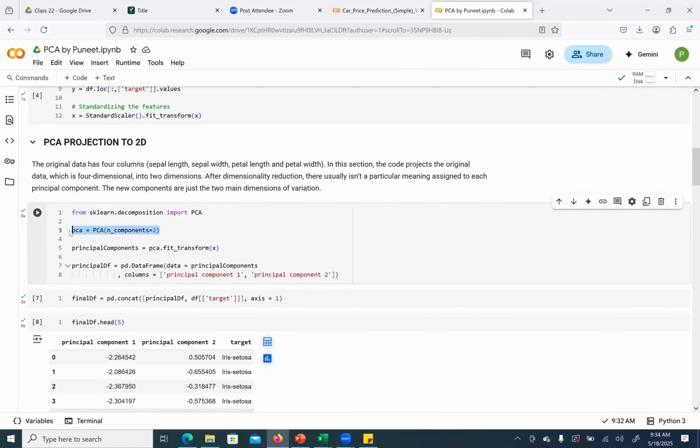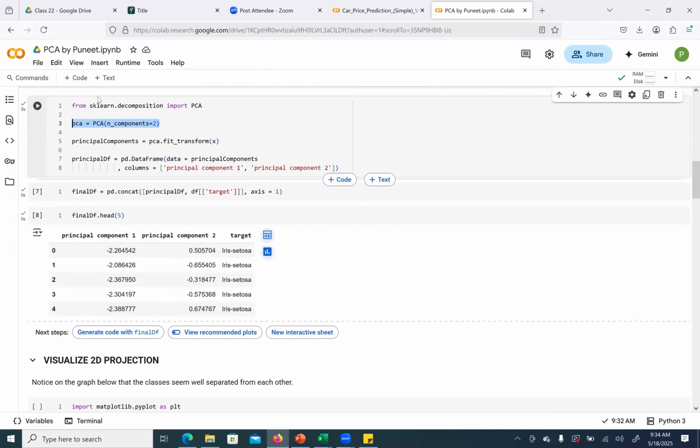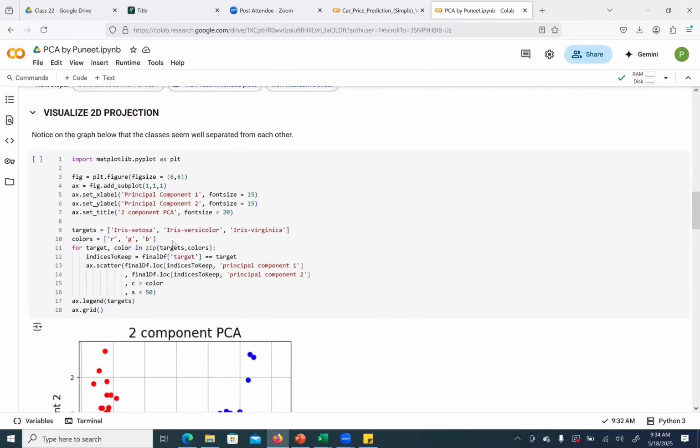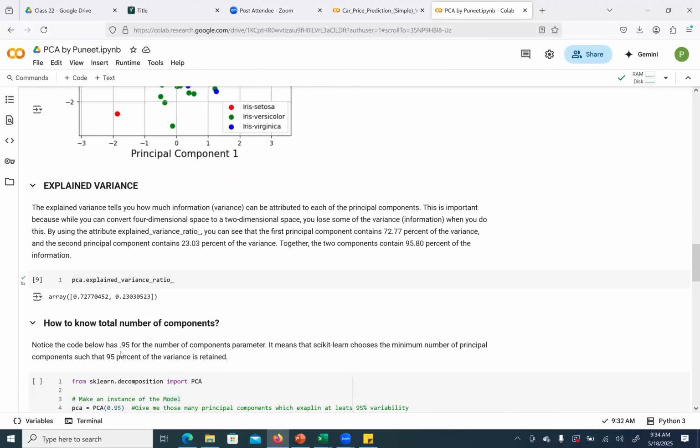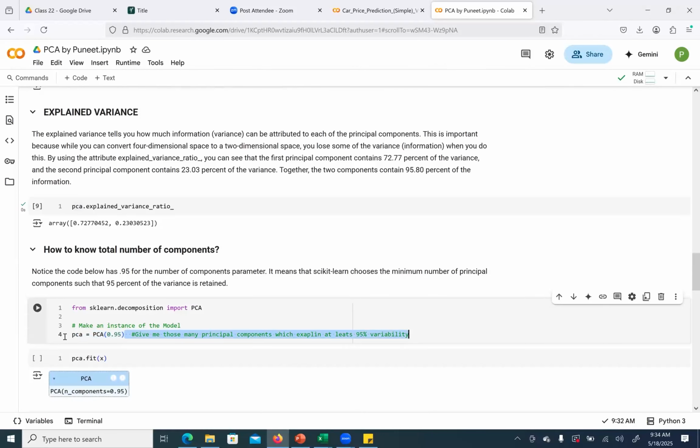That is one way of doing it. Another way of doing it is with the same function, which I'm using later also. Here I am mentioning, give me those many principal components which are explaining at least 95% variability.